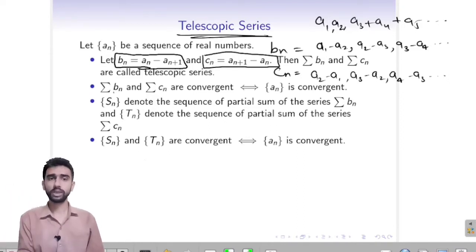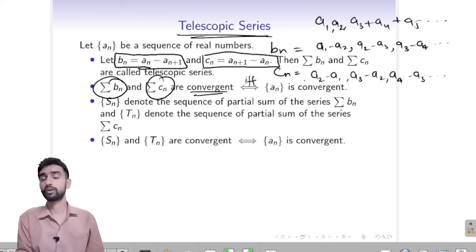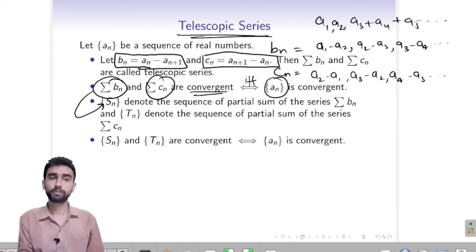So now if you have the series bn and the series cn, they will be convergent if and only if the original sequence an is convergent. This is an if and only if condition. For bn I took the sequence of partial sums as sn, and for cn I took the sequence of partial sums as tn.